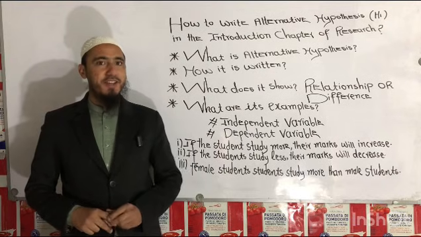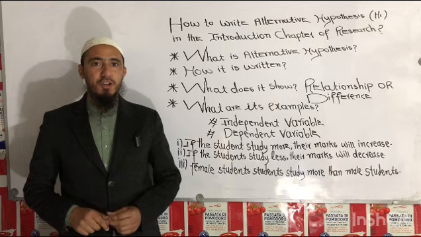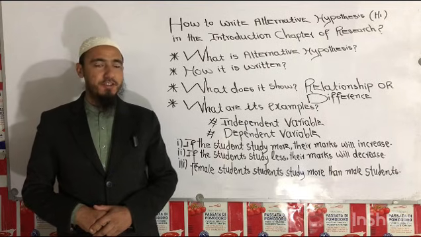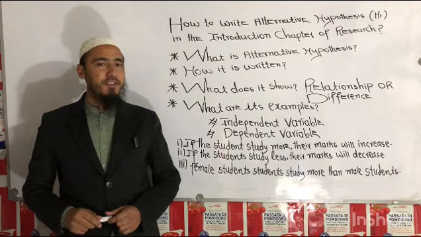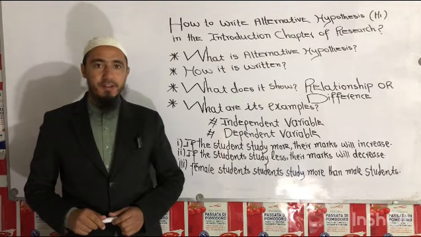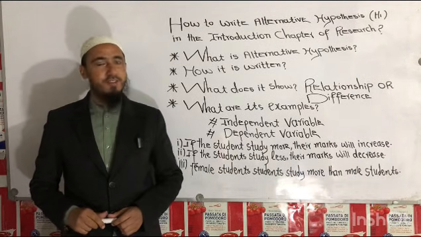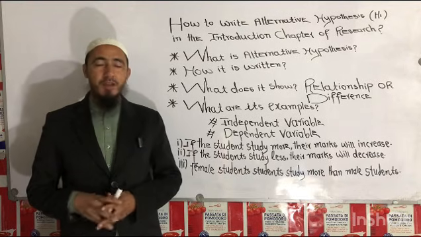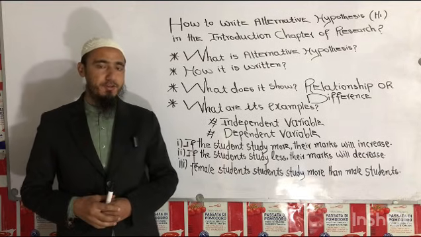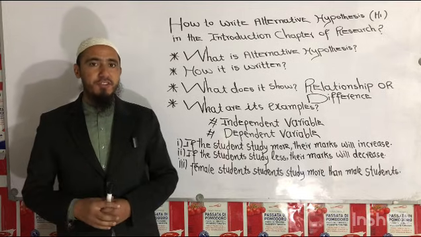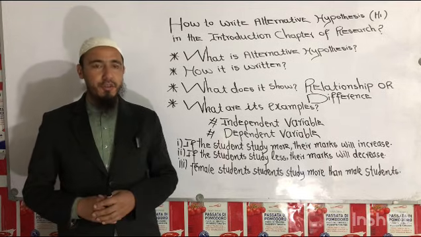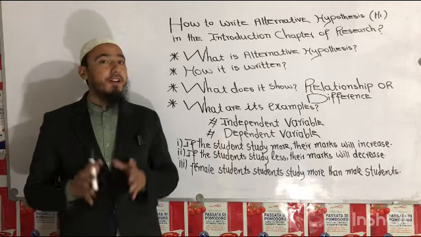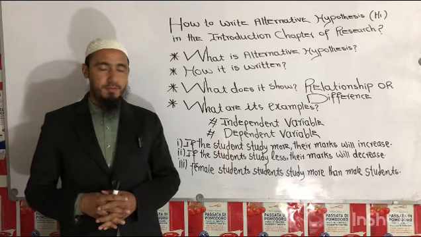Honorable listeners and respectable audience, you know that we have started a series of research. In research, we discussed various topics such as the introduction of research, the characteristics of research, qualitative research, quantitative research, variables in research, relationship between variables.